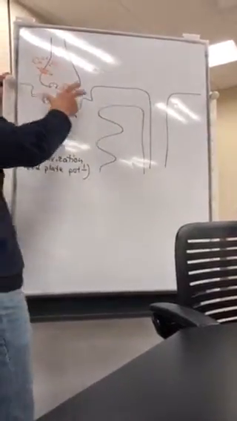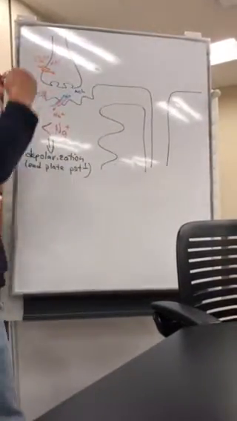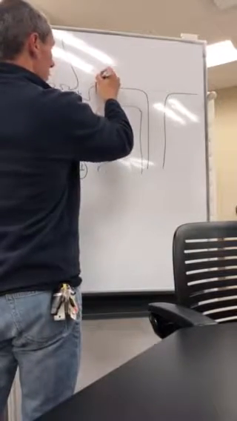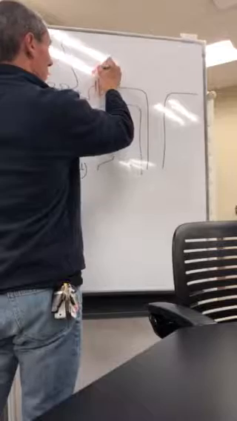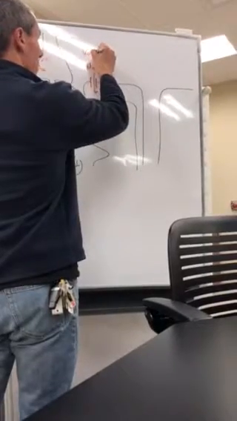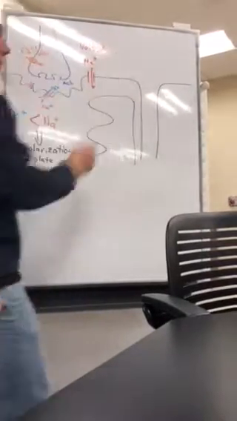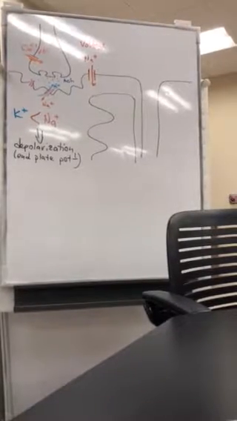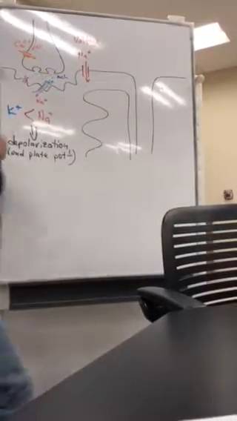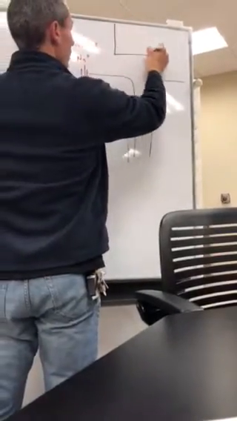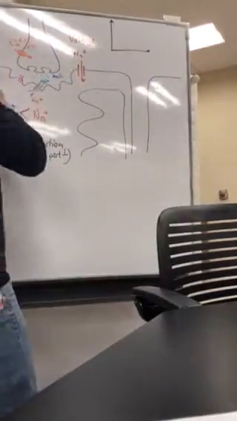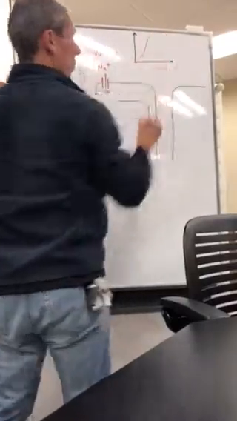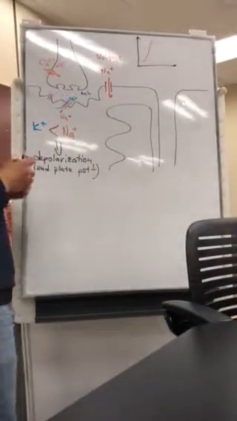If end plate potential crosses the threshold, sodium channels that are voltage gated on the sarcolemma open. When they open, membrane potential becomes more positive, depolarization, right?